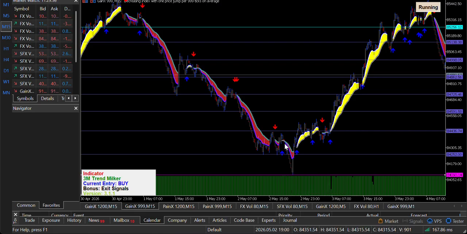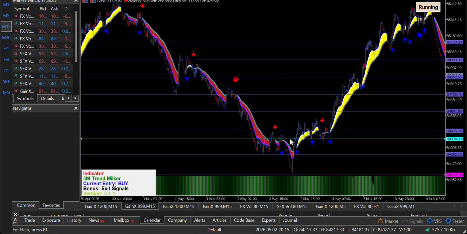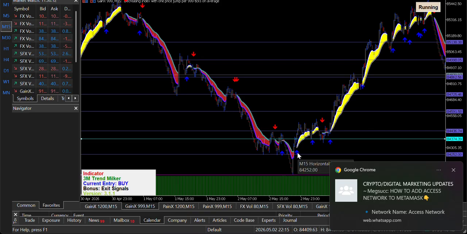It spiked up and switched from a downtrend into an uptrend. When it switched, all I did was wait for the buy order. I got the buy order around there, so I placed my order around there.